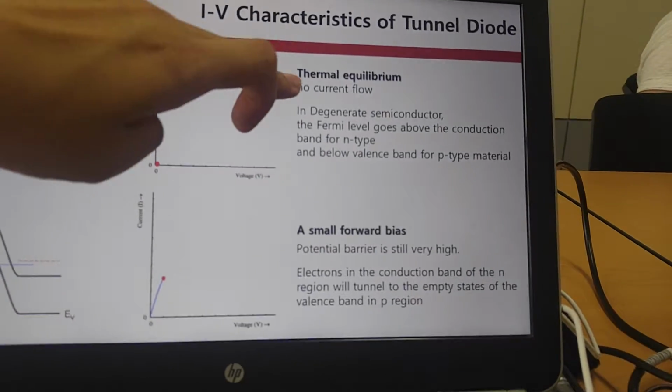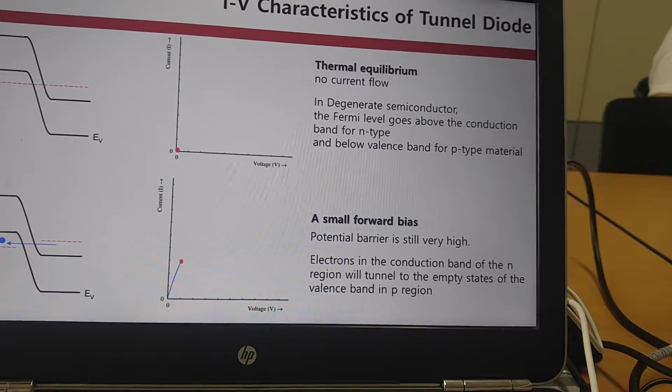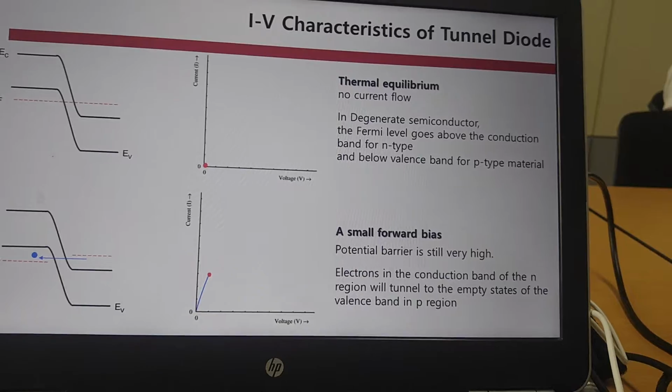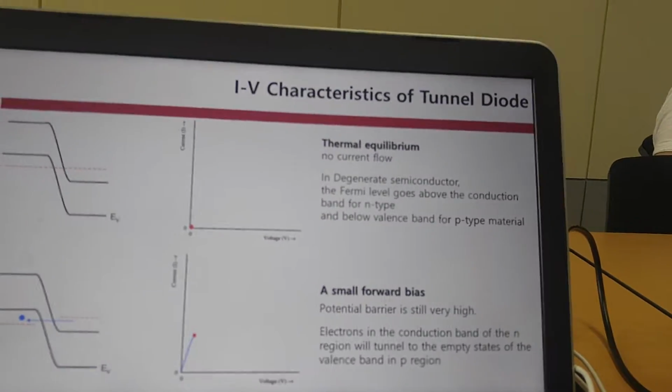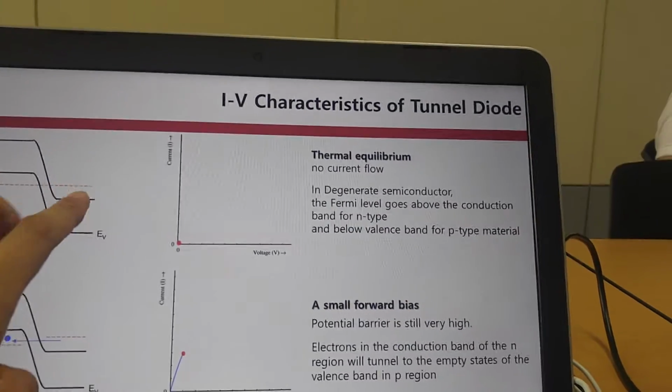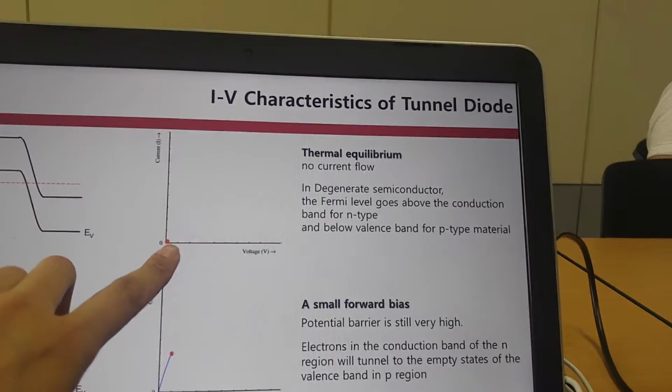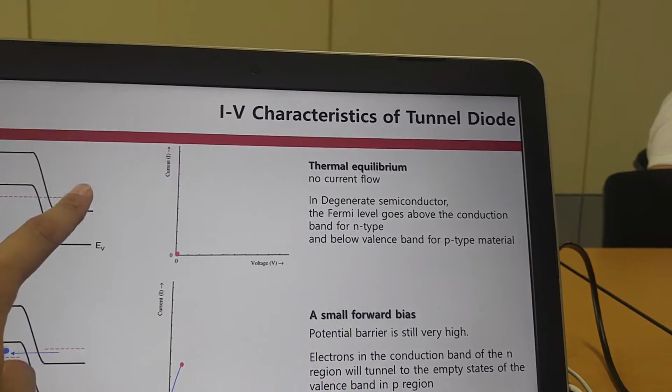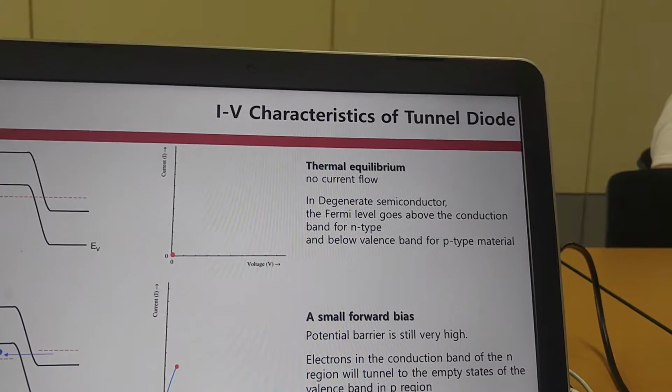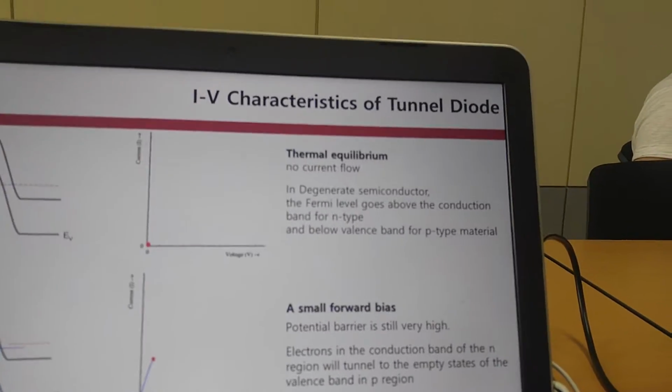Under the thermal equilibrium state, no current will flow because no bias is on the p-type and n-type, the n-side and p-side.